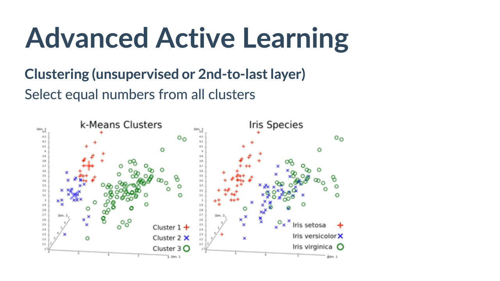In text, you can do things like clustering on the words and the phrases. I think that's the right intuition for thinking about clustering on the second to last layer for something like images. Because obviously pixels are often too much of an abstraction to cluster over, but being able to pull out those kind of features in the second to last layer seems to be a fairly effective method for images.